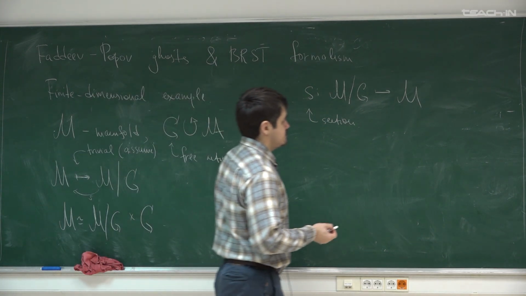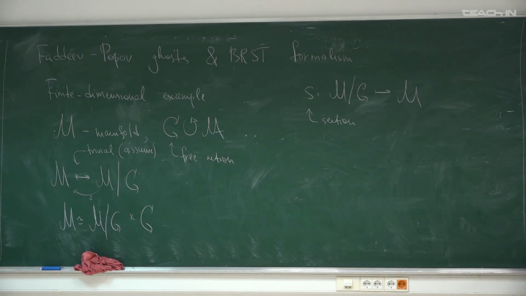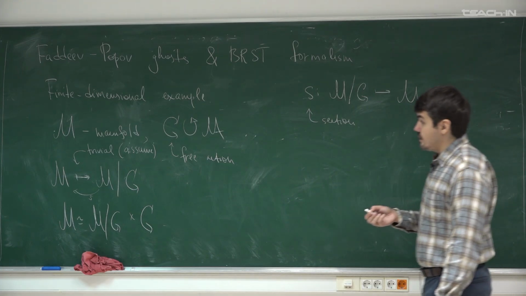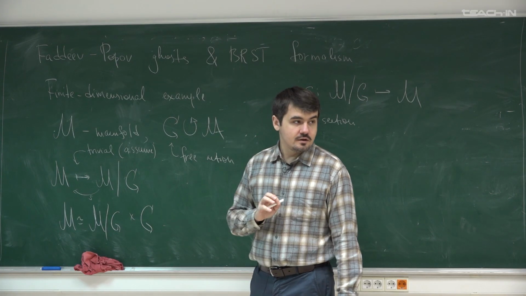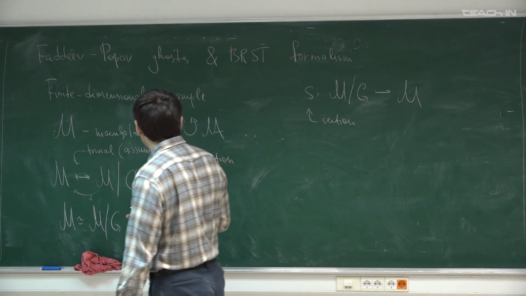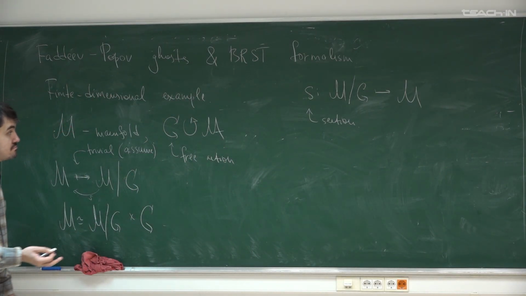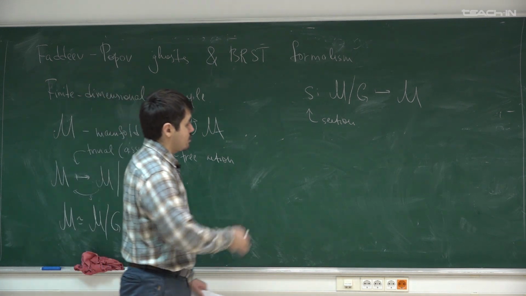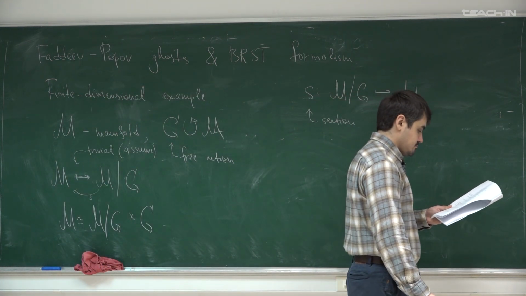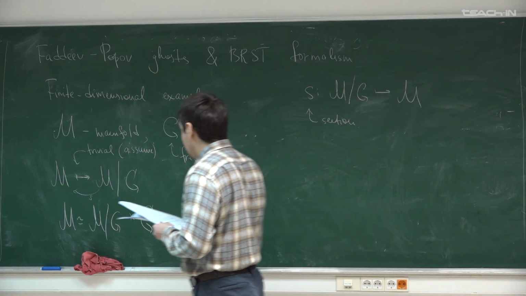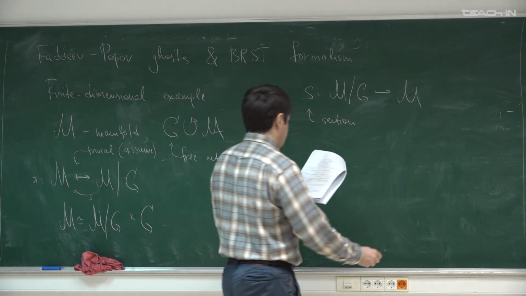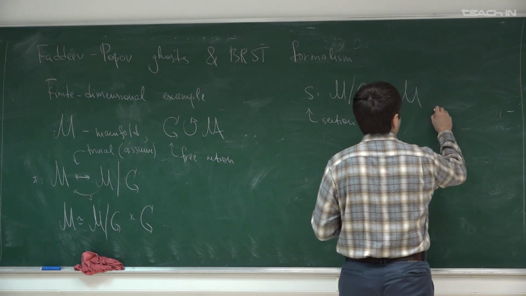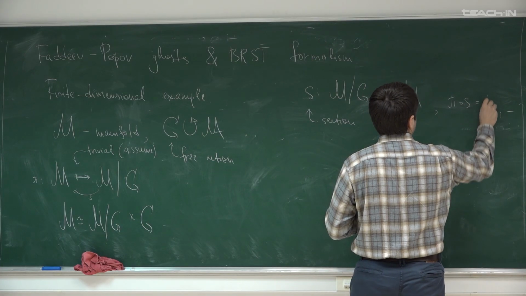In gauge theory, M will be some infinite dimensional manifold and G will be the gauge group, an infinite dimensional group. But we start with a finite dimensional setting where we just have this description. This is the projection pi, this is the section S, and pi composed with S is the identity transformation.